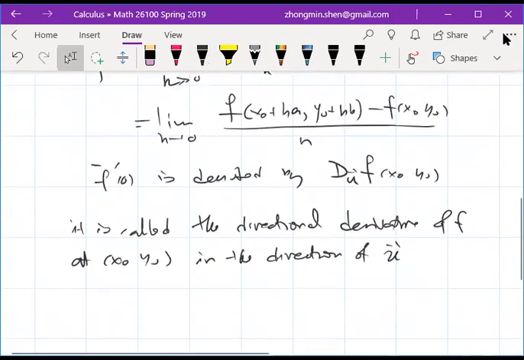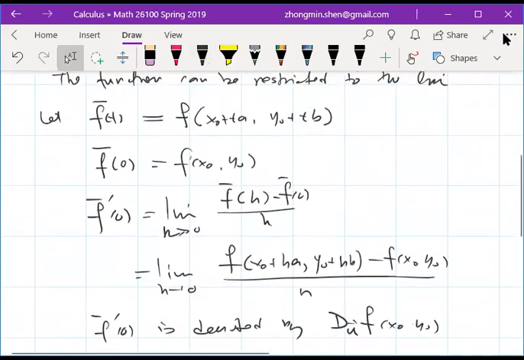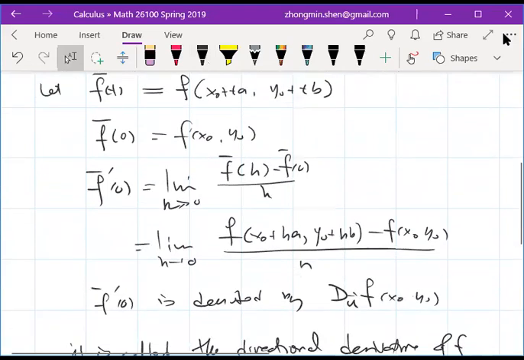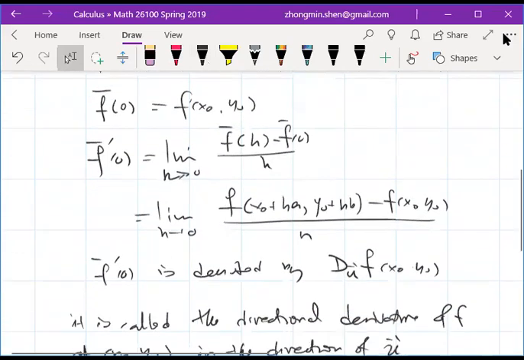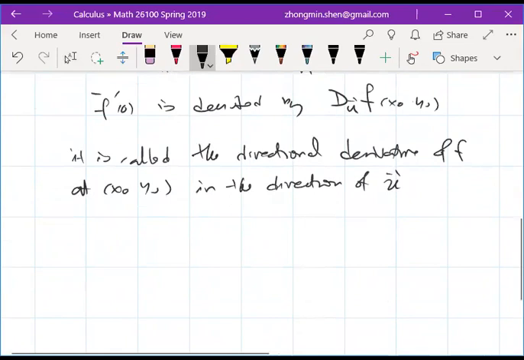Now let's see how to compute it. That's the definition, the limit. Using the chain rule, when you differentiate f bar of t, the chain rule tells you to differentiate with respect to the first variable and the second variable. Here's a formula.